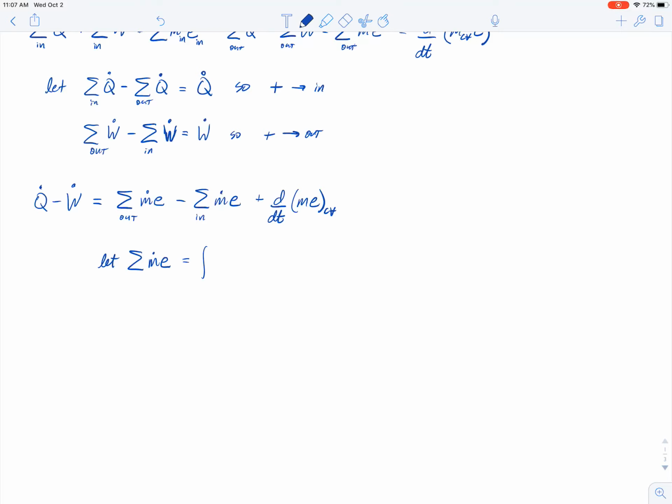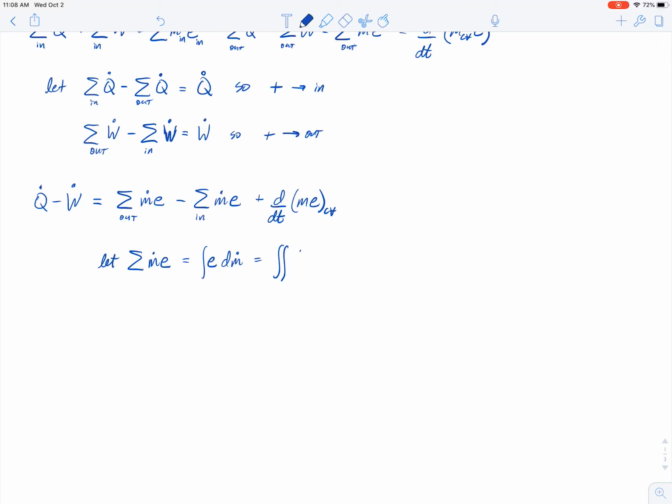So really what I'm saying is it's the integral of the specific energy with respect to the changing mass flow rate across a boundary. Let's peel this apart a little bit more. Really what I'm saying there is the area integral of energy.